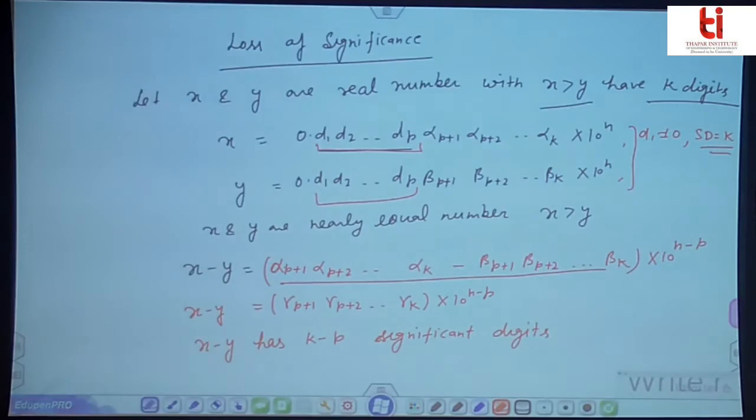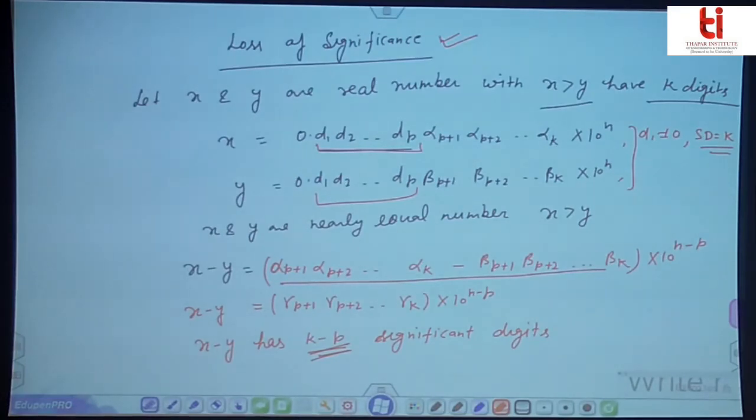But whenever x and y are nearly equal and we subtract them, we get k minus p significant digits. So we got loss of significance in the subtraction of nearly equal numbers. How much loss of significance? P digits are lost. So x minus y has k minus p significant digits.